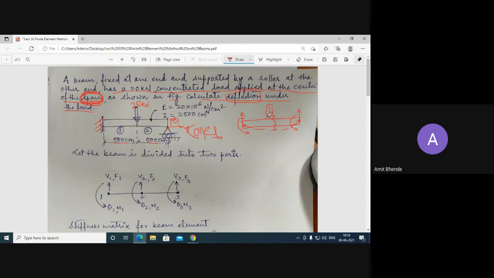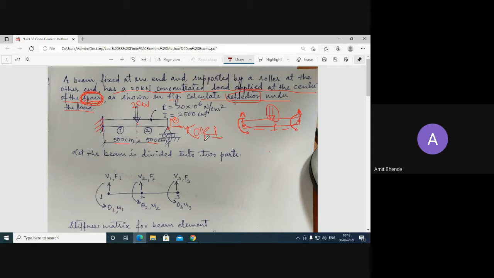So because of this central loading, here torque is applied at this end, torque is applied in the other end, and vertical forces or vertical reactions, you can say, will act on these two ends.